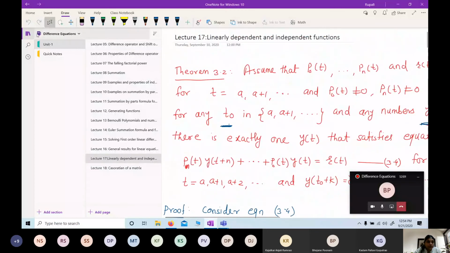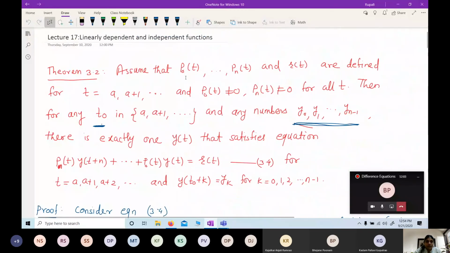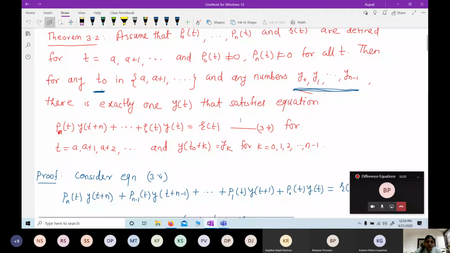Theorem 3.2 says: assume that p0(t), ..., pn(t) and R(t) satisfy these conditions. Then for any t0 and any numbers y0, ..., yn-1, there is exactly one y(t) that satisfies the equation. For non-homogeneous it is true, so for homogeneous also it is true if I substitute R(t) equal to 0. Then this theorem is also true, so it will have exactly one solution.